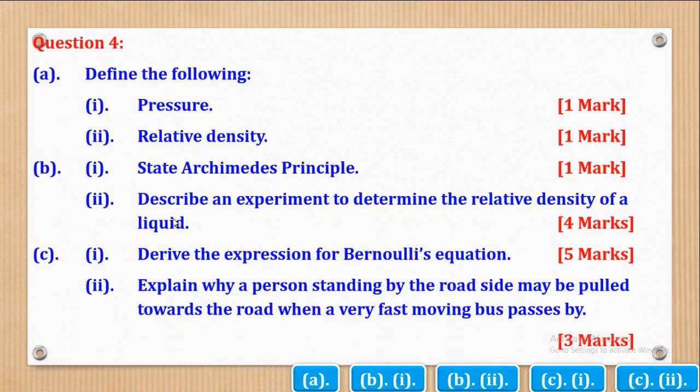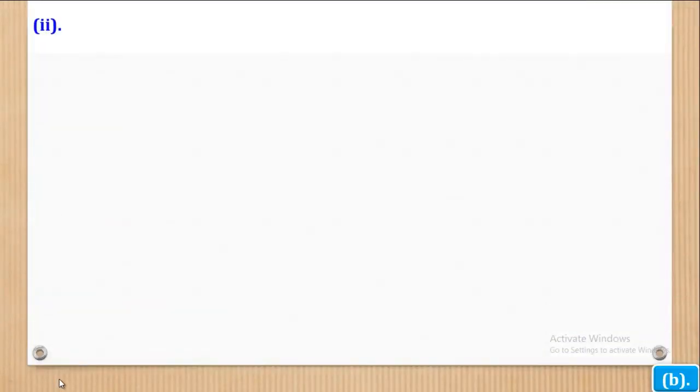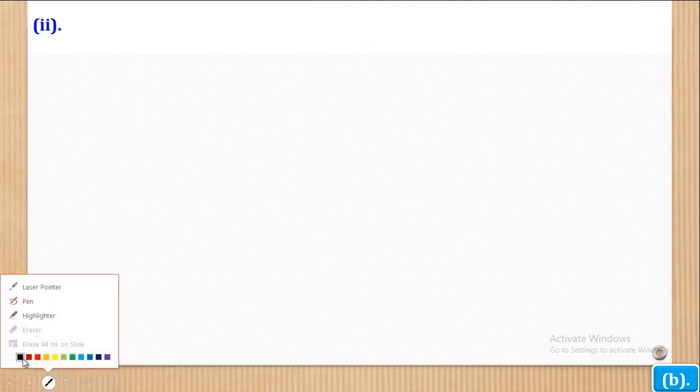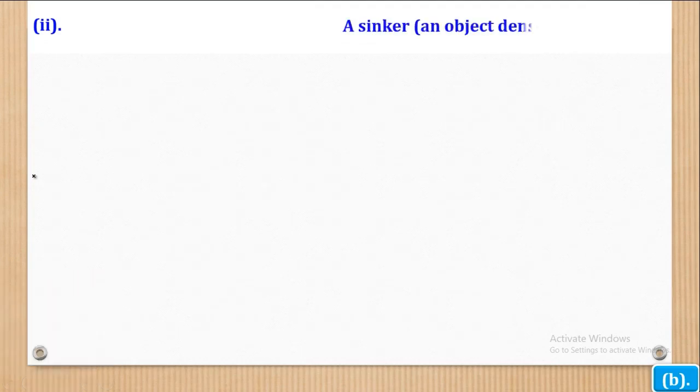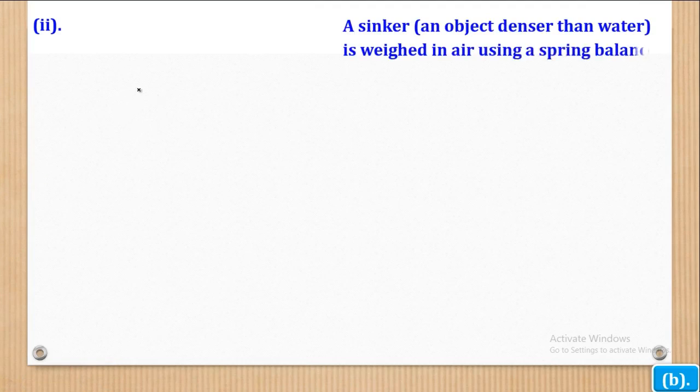So now we shall go to part B, Roman 2. B Roman 2 says, describe an experiment to determine the relative density of a liquid. So you come and say that a sinker means an object which is denser than water.